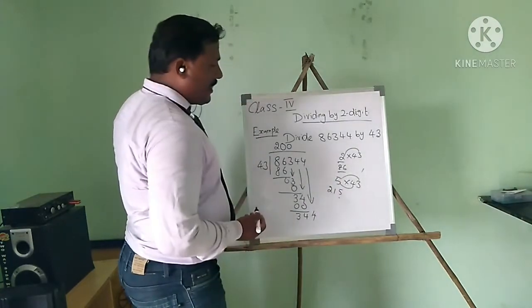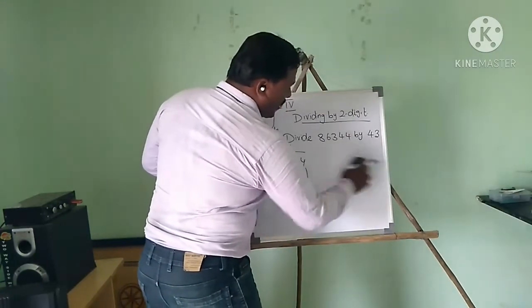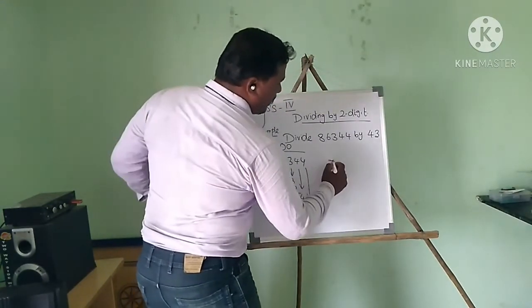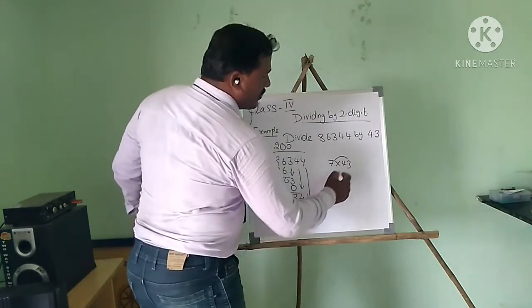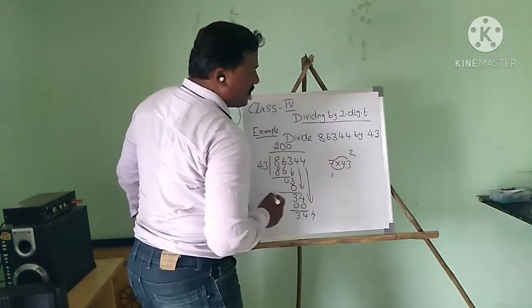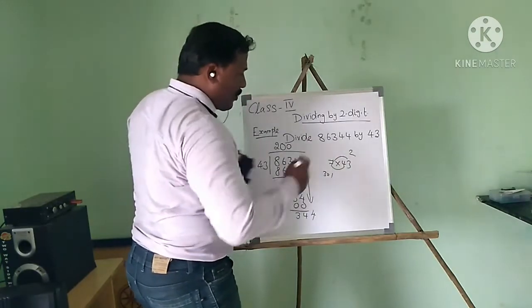So 215. So I want to take more times. Instead of 5, I will take 7 times. 7 into 43. 7 3s are 21, remainder 2. 7 4s are 28 plus 2, 30. So 301. So I want to take one more time.